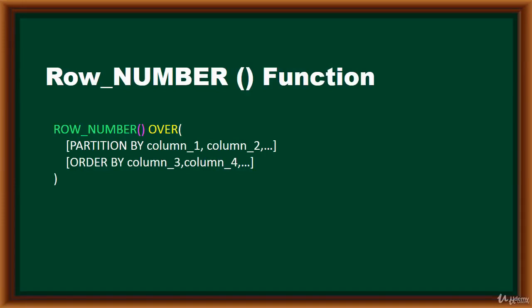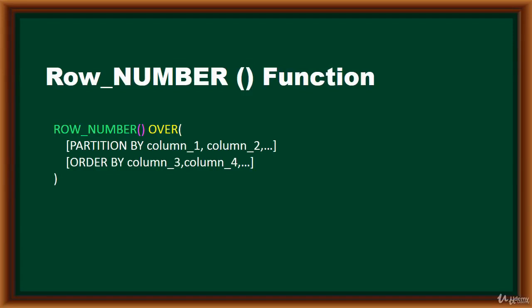So the partition by clause will divide the window into smaller sets or partitions. Okay, but if you don't specify the partition by clause, the row number for each partition will start with 1 and increment by 1.